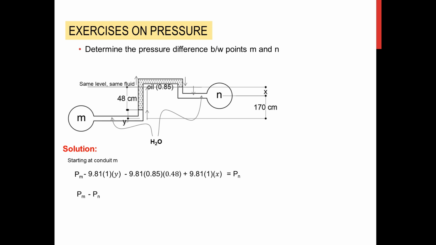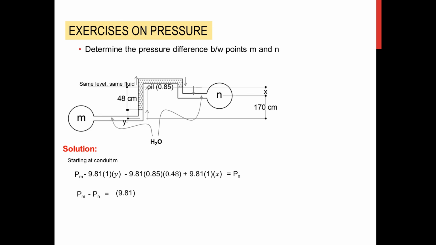So we can transpose Pn on the left hand side of the equation. That would become negative. So therefore, we have expressed the unknown, which is Pm minus Pn. So we equate it to the expressions, and of course, notice that 9.81 is common to the remaining terms.